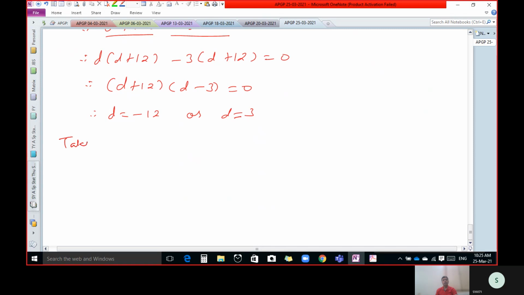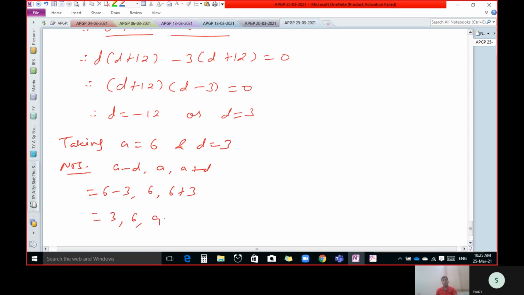So taking A as 6 and D equal to 3, the numbers A minus D, A, A plus D are 6 minus 3, 6, 6 plus 3. So we get 3, 6, 9. Or else, if we put A equal to 6 and D equal to minus 12, then our numbers 6 minus minus 12, 6, 6 plus minus 12.